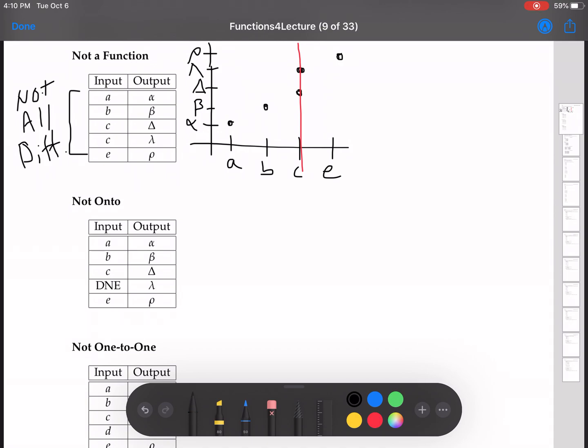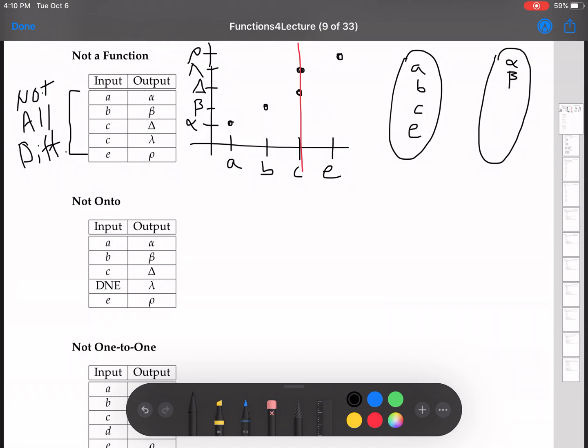Another way to look at this is, we have A, B, C, E. A goes to alpha, B goes to beta.